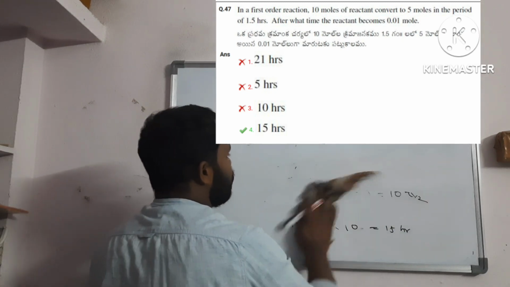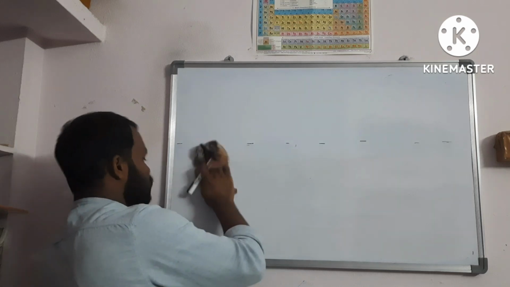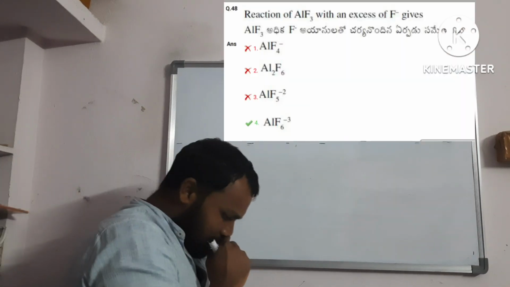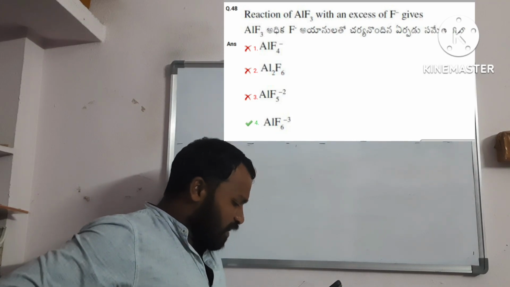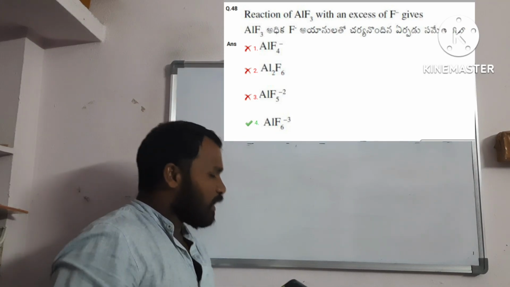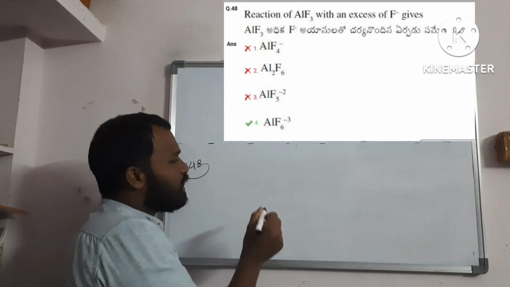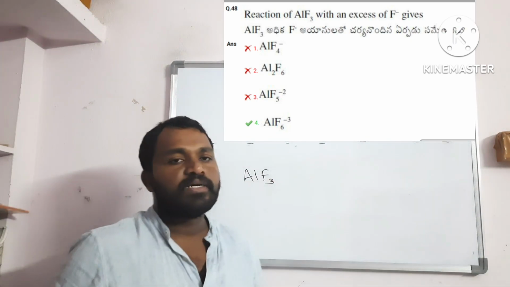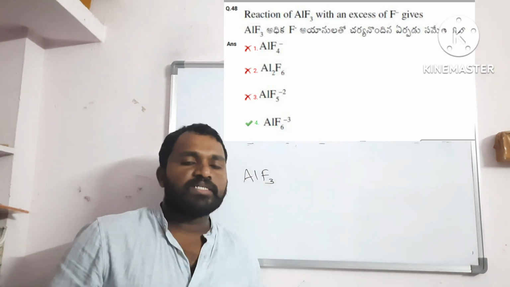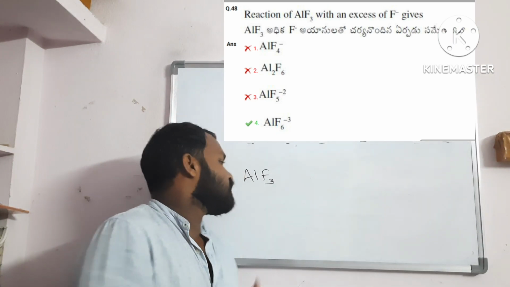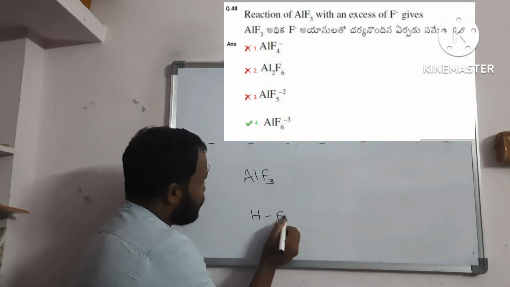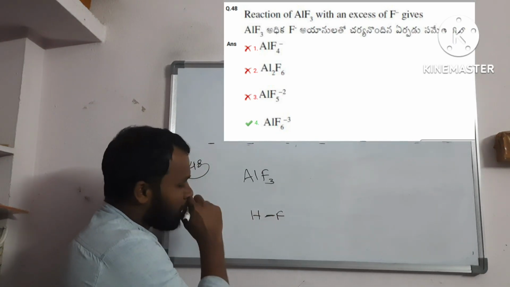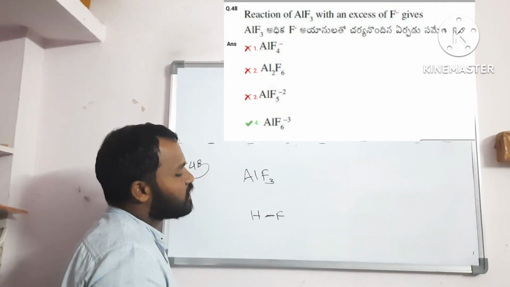Next, question number 48. Reaction of AlF3 with an excess of F minus gives what? Generally HF does not react with AlF3, because HF has a strong covalent bond, hence it does not release F minus ions.